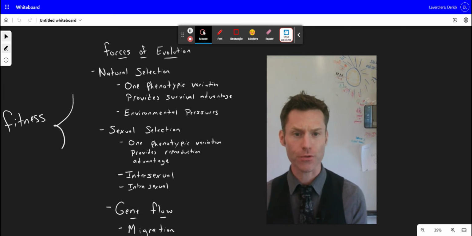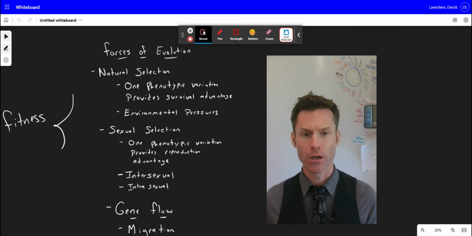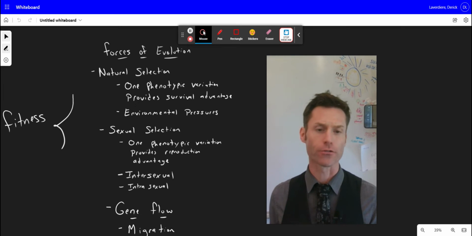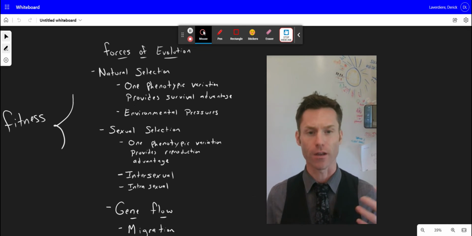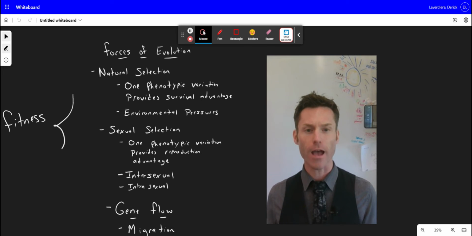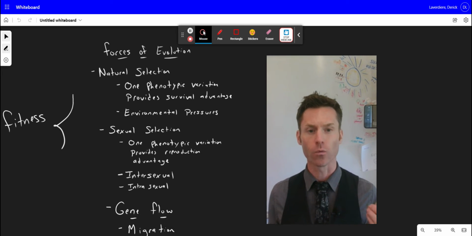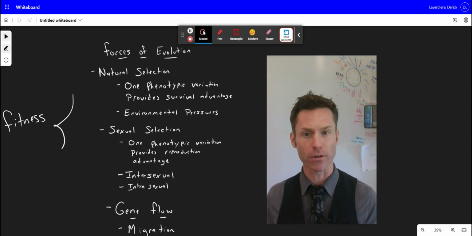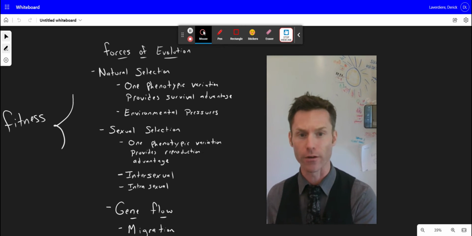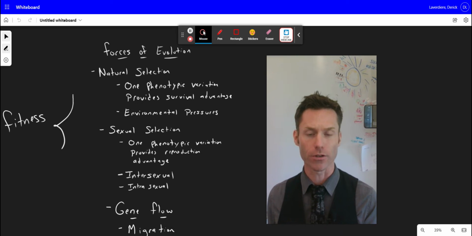So, first and foremost, we have natural selection, probably the predominant driving force of evolution. It's the one that we think of first when we think about the process of evolution. Natural selection is when one phenotypic variation within the population provides a survival advantage over the other phenotypes within that population.